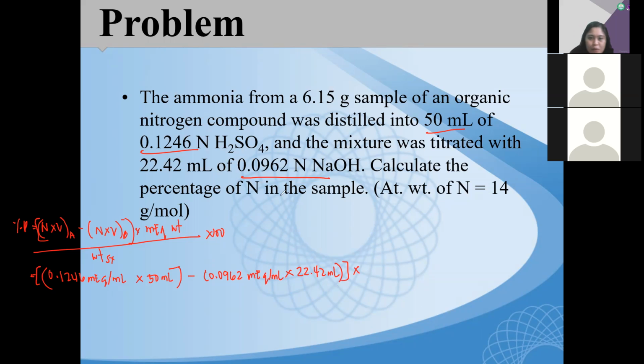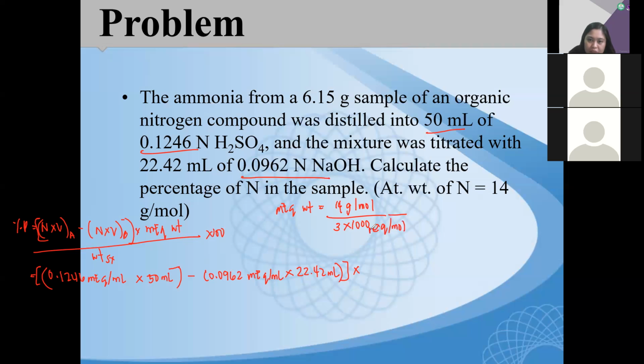So what is the milliequivalent weight? This is for nitrogen alone, ha? We are just computing for the nitrogen. So the nitrogen here, atomic weight is 14 grams per mole. And where is nitrogen in the periodic table? It's in group 5, and its charge is -3. So this is 3 times 1,000 milliequivalents per mole.